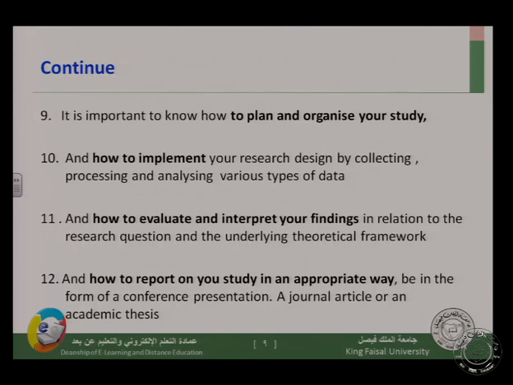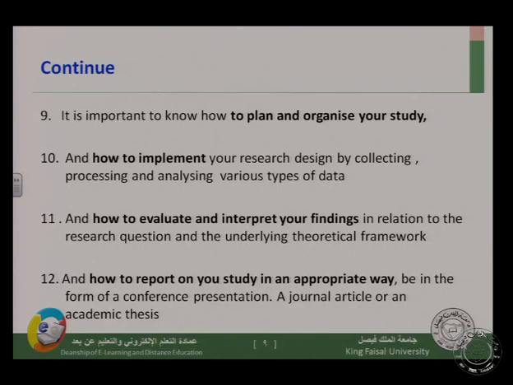So you collect data, you process data, you analyze data. After you have done collecting, processing, and analyzing, you say, all right, I'm going to evaluate and interpret my findings. So you evaluate and you interpret, means to explain your findings.